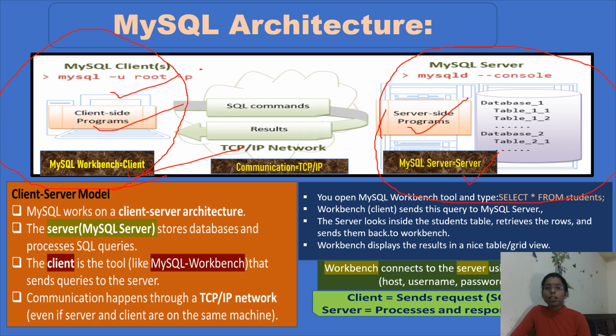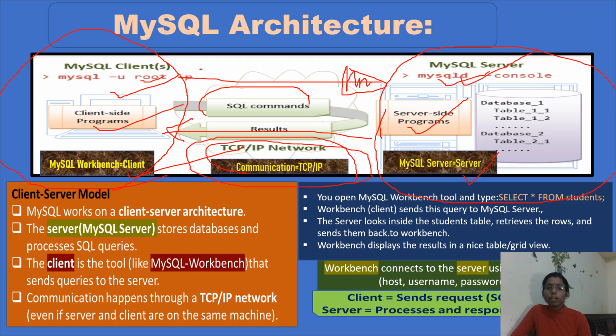Suppose you act as a sender, then it acts as a receiver, and the other way around. How do they communicate: sender to receiver, receiver to sender, like client to server and then server to client, through a TCP/IP network, transmission control protocol or internet protocol, through SQL commands.